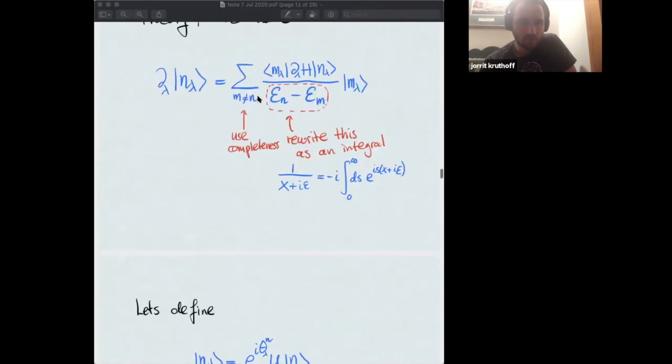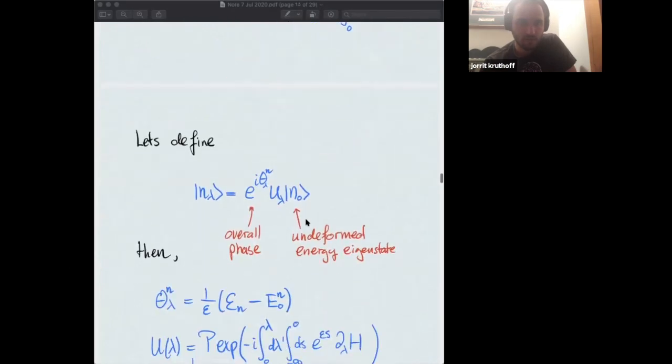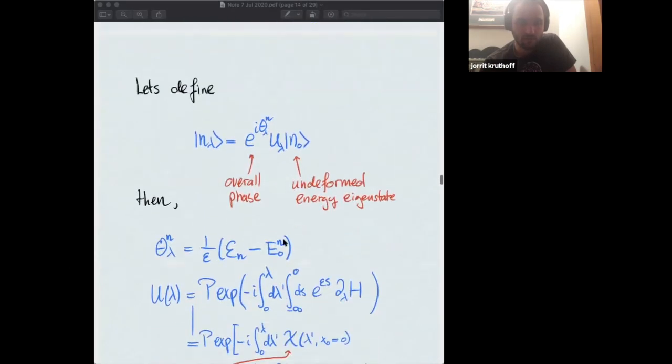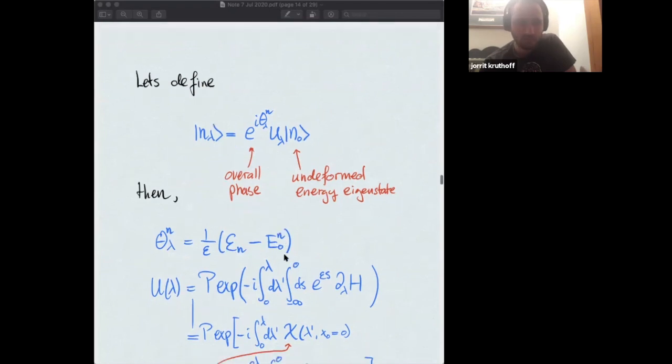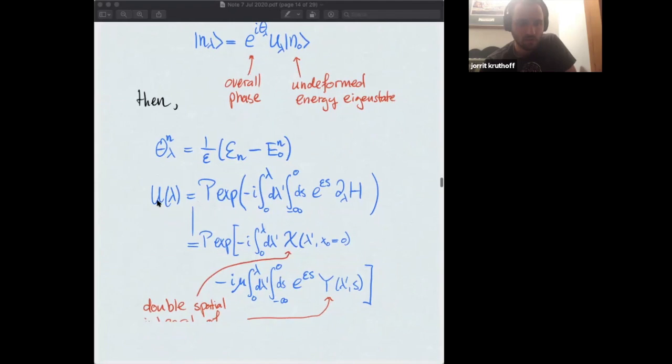And then from this flow equation, I have an explicit expression for this lambda of h guy. I can explicitly find what theta, this angle, is, and it's given by some difference of energy levels. It's not very terribly important right now. What the important thing is this operator U.